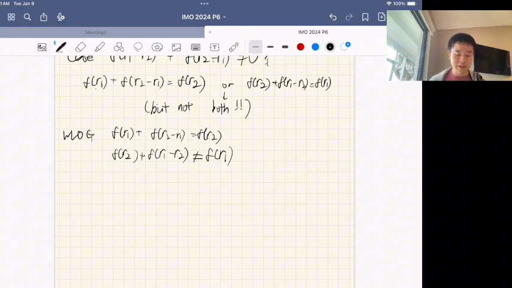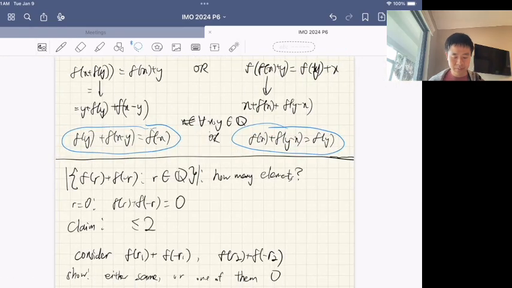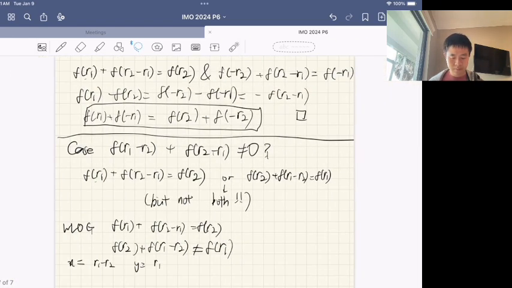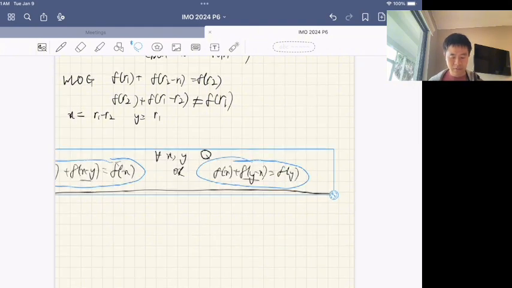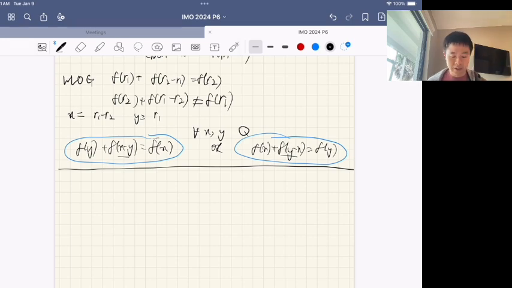So indeed, if we say x equals R1 minus R2, and y equals R1, and you consider this thing, that's just moving things around, then you basically get f of R1 minus R2 plus f of R1 minus R2 minus R1, so that this gives you f of R2.